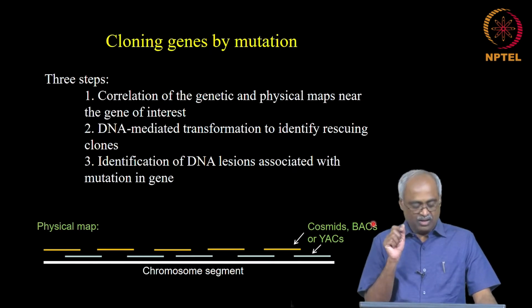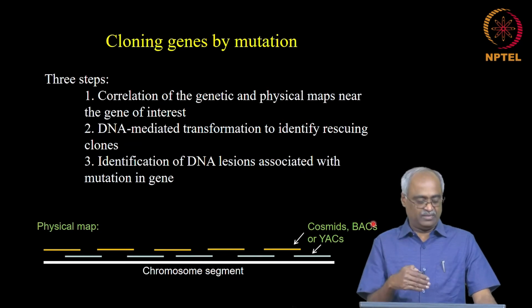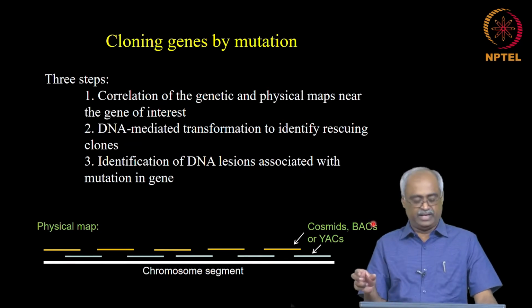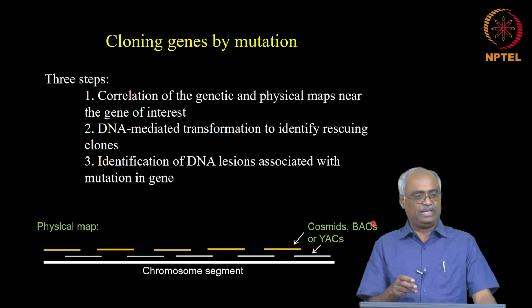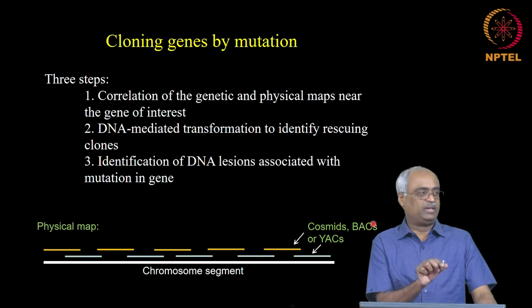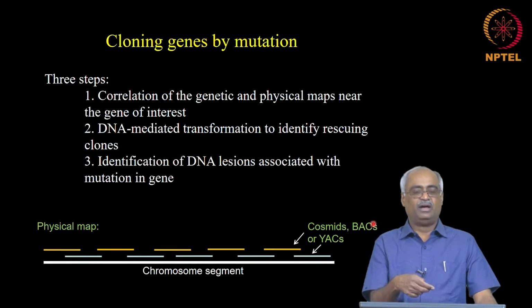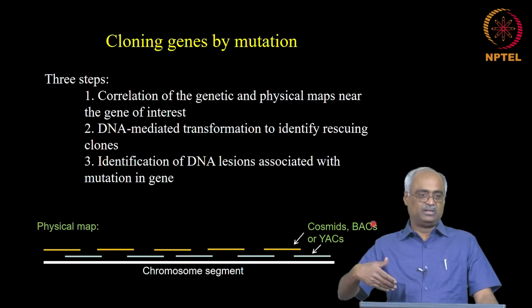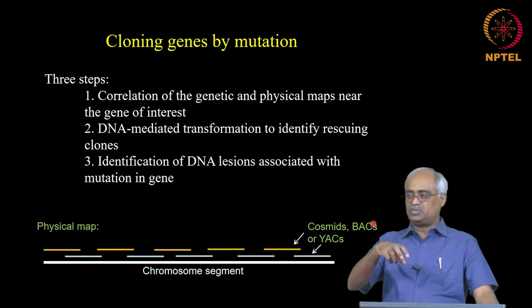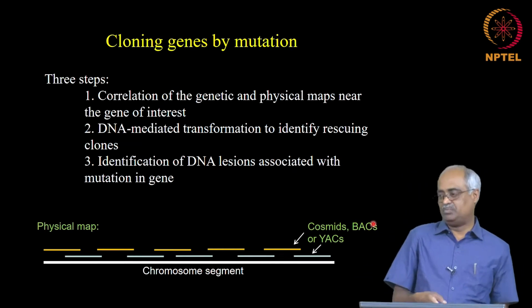Now, from that, you can do two ways: you could either go by sequencing or simply take smaller fragments from that insert, radio label it and screen the library again to find newer cosmid clones that light up with that probe.